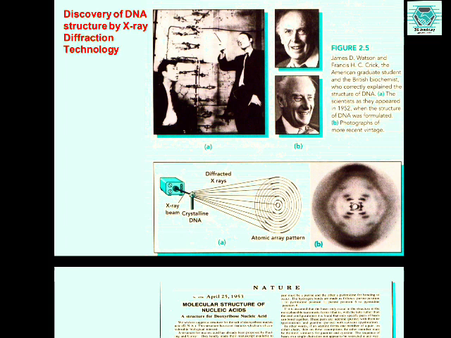Watson and Crick, the American graduate student and the British biochemist, correctly explained the structure of DNA. The scientists, as they appeared in 1952 when the structure of DNA was formulated. So these are the photographs.